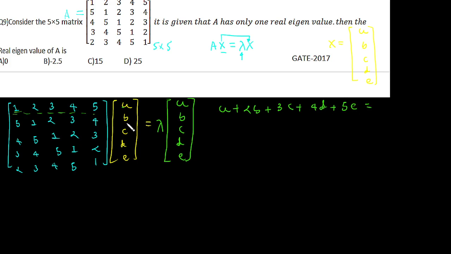And it is equal to, so we can compare this first element with this element, which is just lambda times a. So let's write it here, lambda times a.